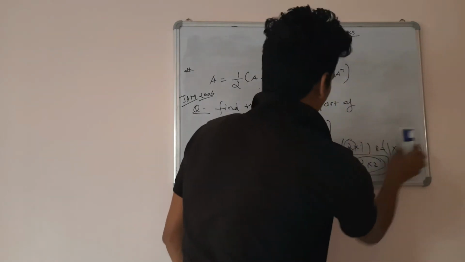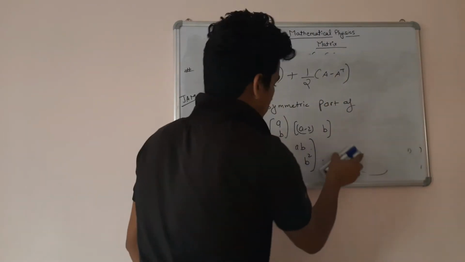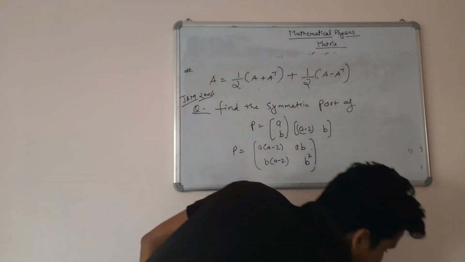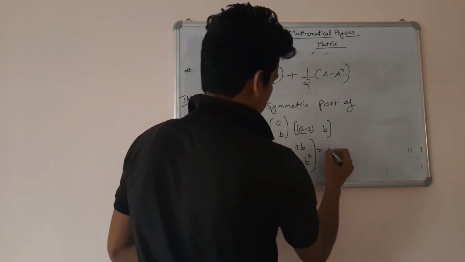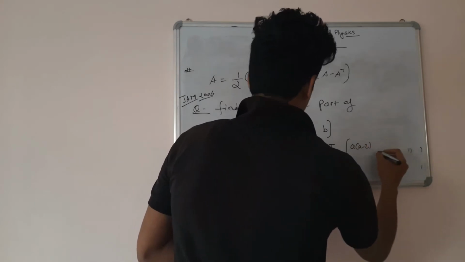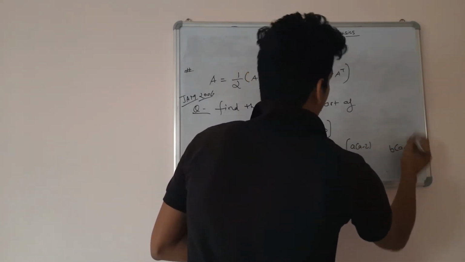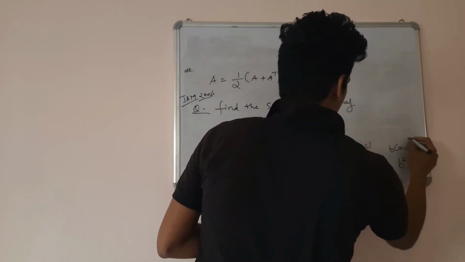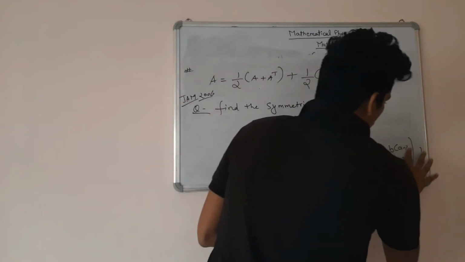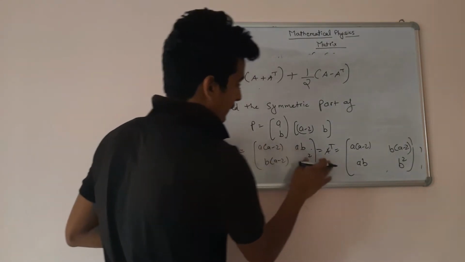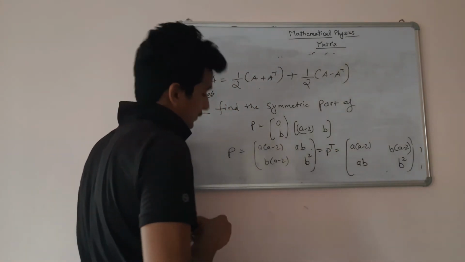Now we have to calculate its symmetric part. What is the symmetric part? The symmetric part is 1/2 of A plus A transpose. Then we have to find its transpose. Now we have to add this P transpose.